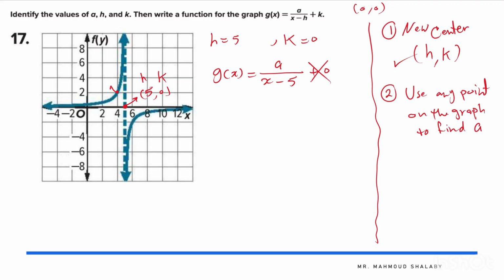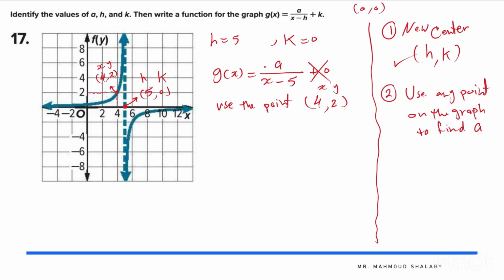Now, what are the coordinates of this point? In this case, go to the x first, it's a 4, then go to the y, it's a 2. So the coordinates are 4 and 2. Then I will label them as x and y. So now I will write here, use the point, this point is 4 and 2, and I will label it for myself x and y.